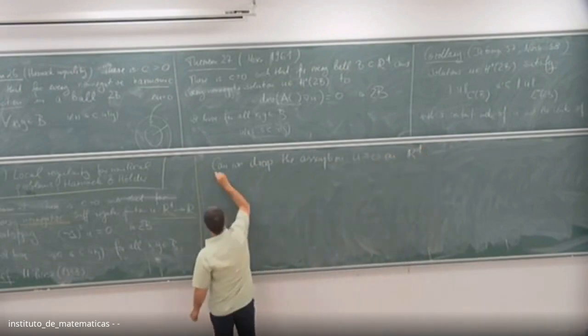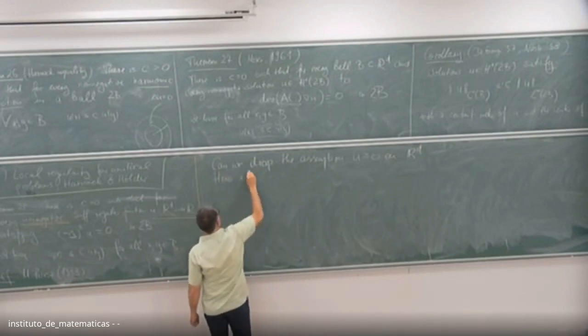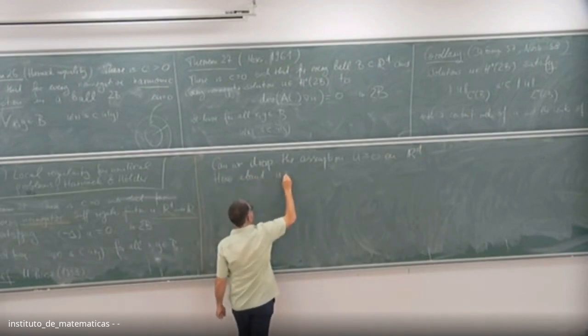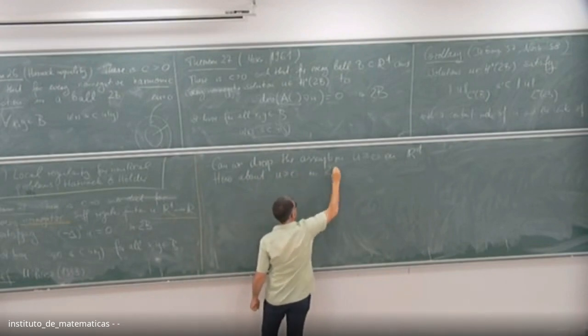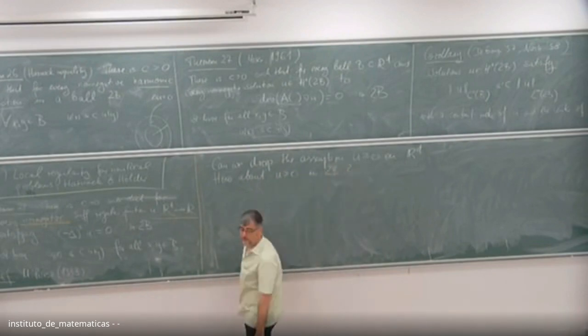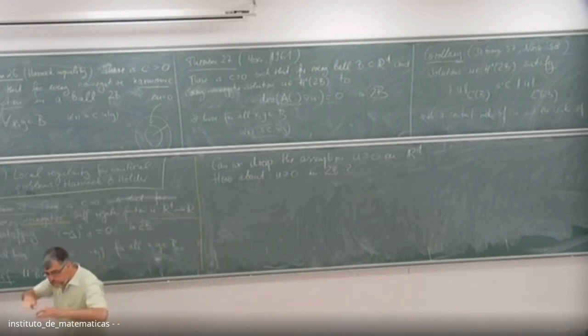How about u greater than or equal to 0 in 2B? That would be a fully complete statement if we just wrote u is a sufficiently regular function defined on RD, but is non-negative in the large ball. It satisfies the equation in the large ball. We get the result, right?